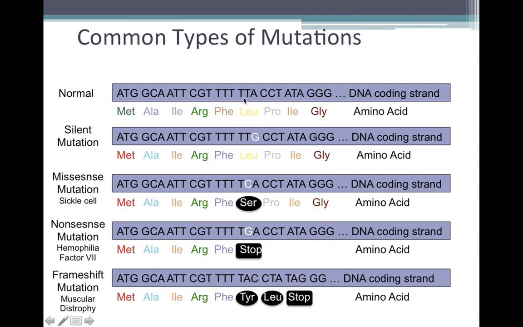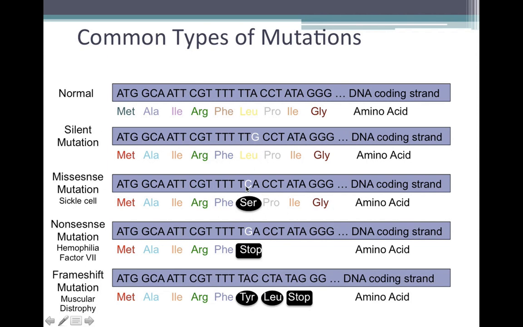However, both TTA and TTG are the codons for the same amino acid, which is leucine. So although you changed one nucleotide, it still led to the same amino acid, because sometimes multiple codons can code for the same amino acid. So we call this a silent mutation because although it is a mutation, it didn't change the protein. It's the same exact protein, just coming from a different genetic sequence, which is kind of odd.